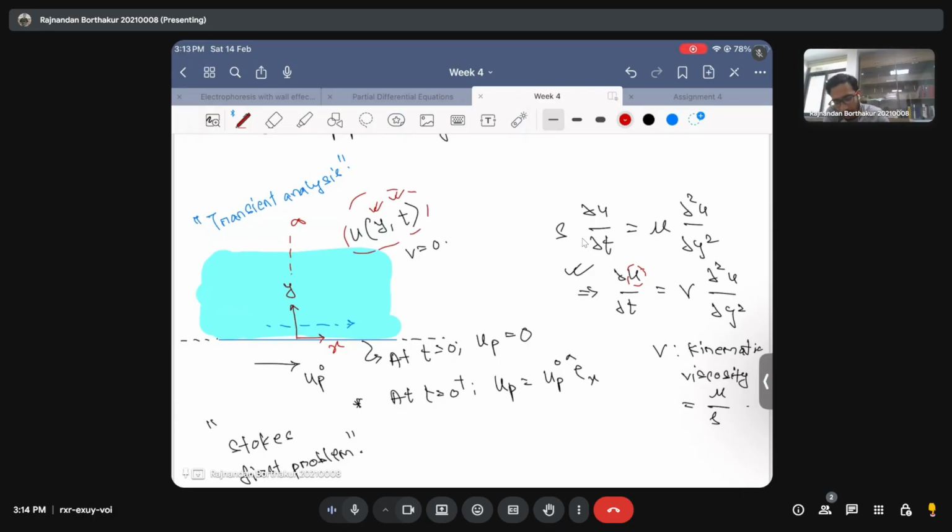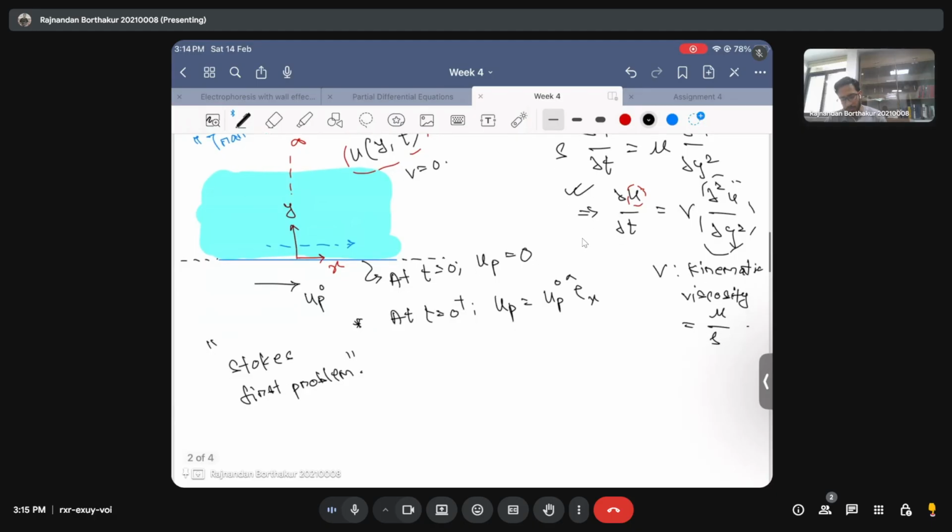Now you can see that you require two boundary conditions, because your equation is second order in the spatial variable. So you use the fact that your velocity profile at y equal to 0, that is when you look at the velocity field at the plate, is equal to the plate velocity u_p0, which is a known velocity.